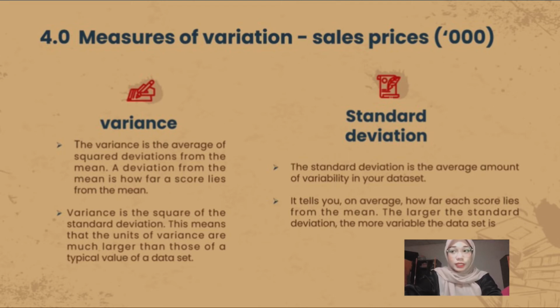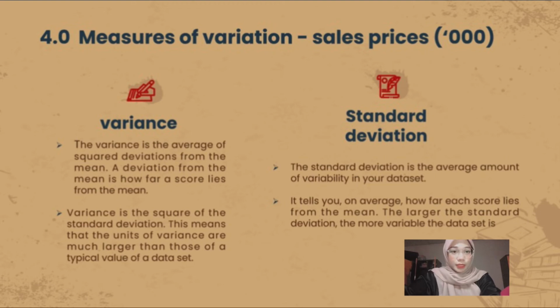A deviation from the mean is how far a score lies from the mean. Variance is the square of the standard deviation. This means that the units of variance are much larger than those of a typical value of a data set.